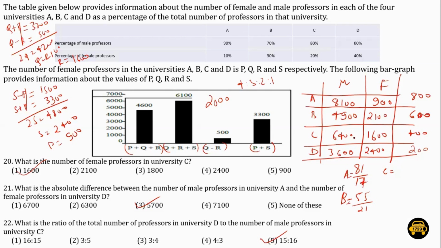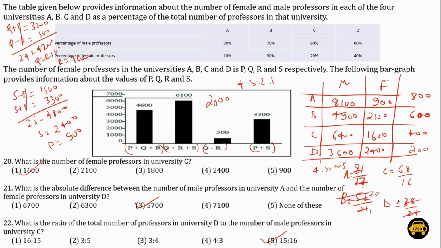For C, it will be 6400 plus 400, 6800 upon 1600, and for D, it will be 3800 upon 2400. Now, here the 17 and 81, it will come to somewhere around 4 point something, close to 5, because had it been 85, it would have been 5:1. Now, this is not even 3, it's 2 point something, so we'll eliminate it.